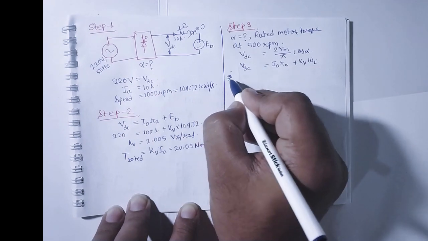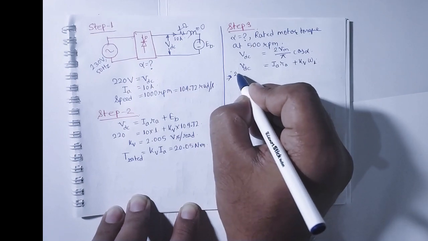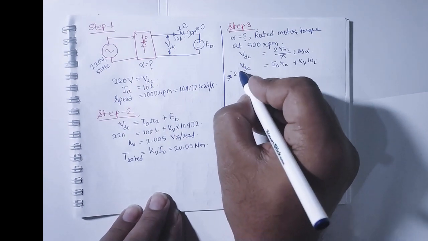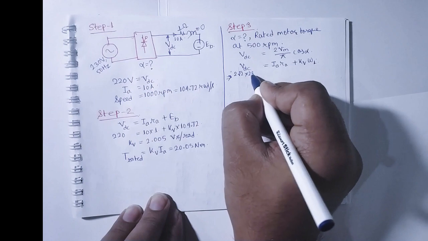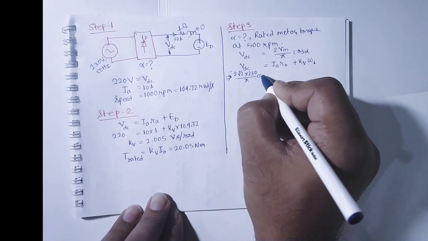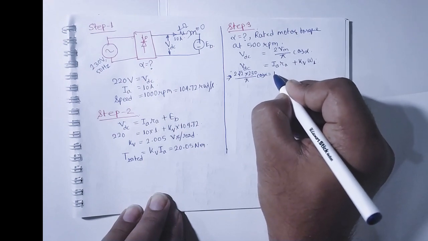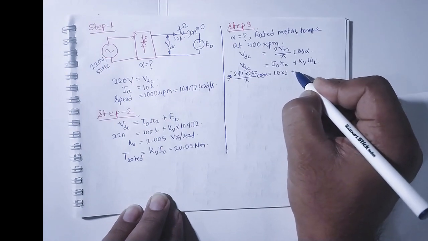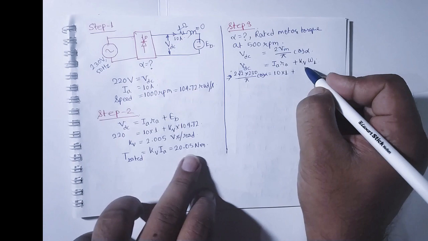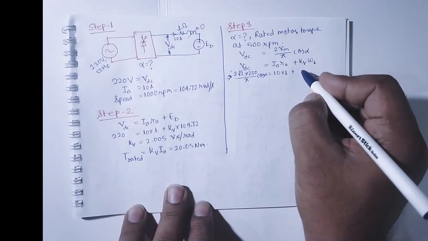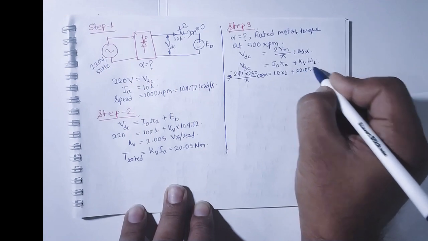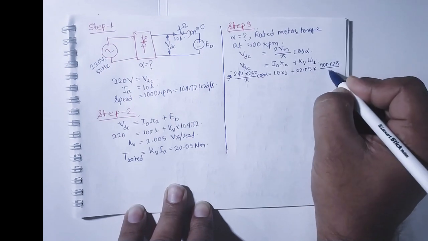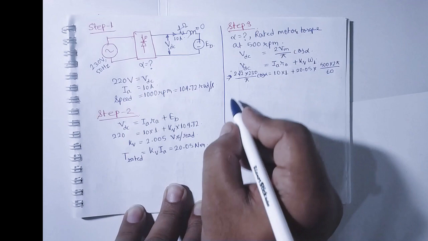So if you just go on putting this value, this will come as 2 root 2 into 230 by pi cos alpha equals 10 into 1 plus kV, which is 2.005, into omega 1, that is 500 into 2 pi by 60, changing this RPM into radian per second.